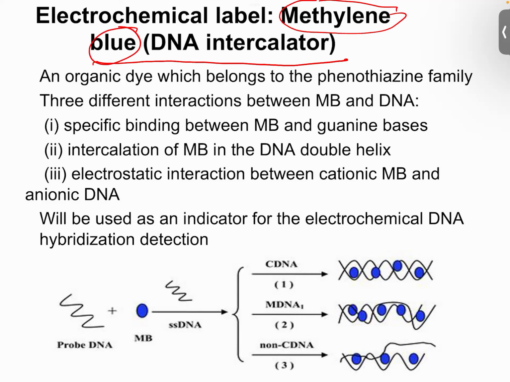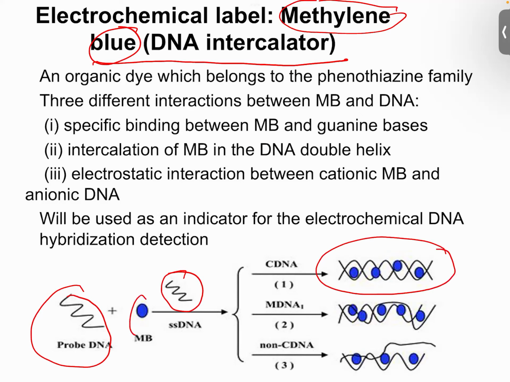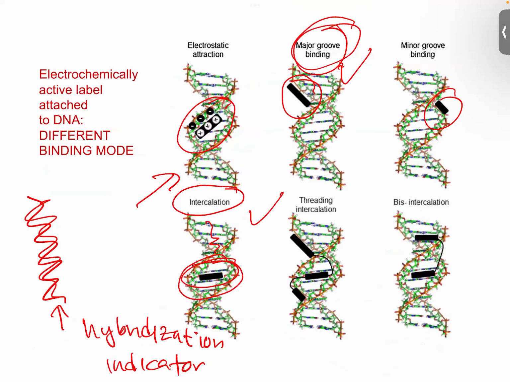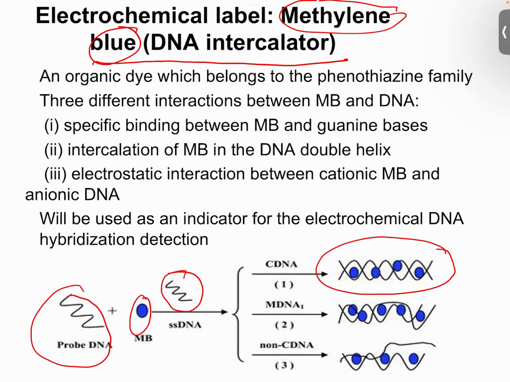Remember, this is the probe DNA, and then you have the target. If they form a very strong hybridization, this methylene blue will intercalate inside the double helix structure of the double-stranded DNA. It seems that methylene blue has high affinity to intercalate with double-stranded DNA.